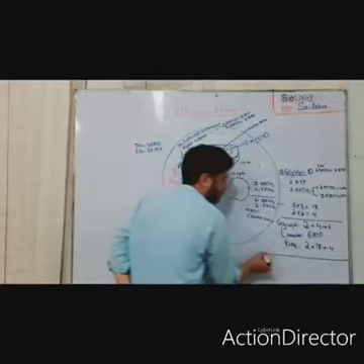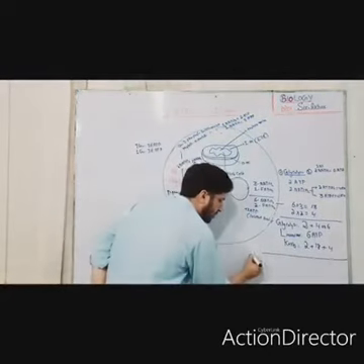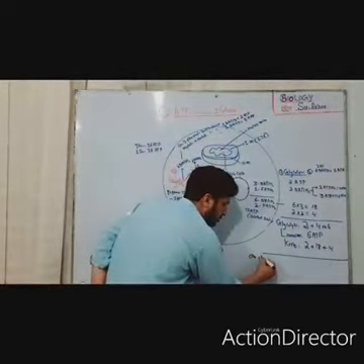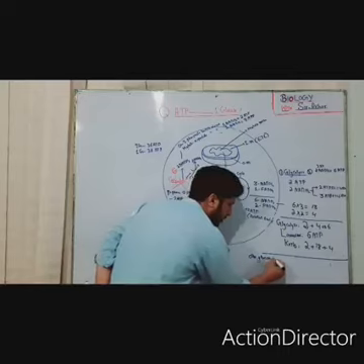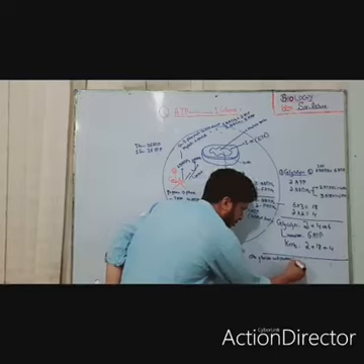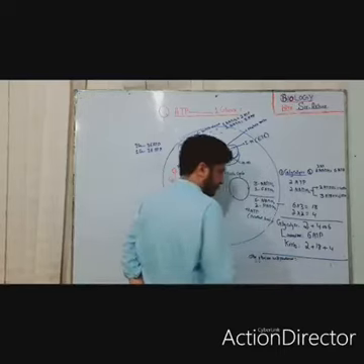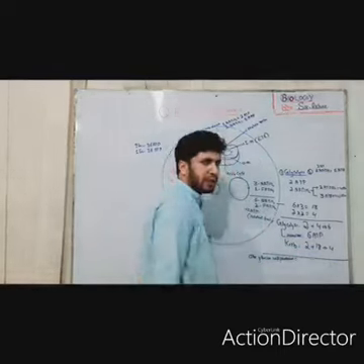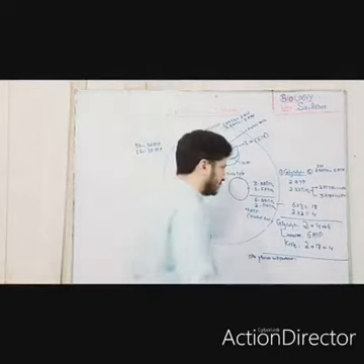Now, for example, one glucose molecule will produce 36 ATP.